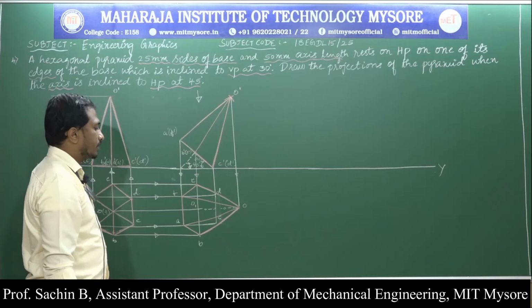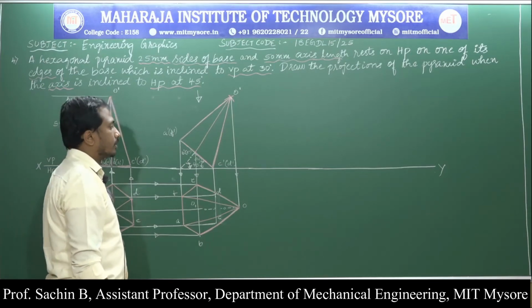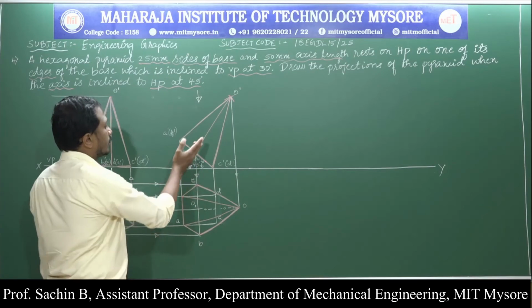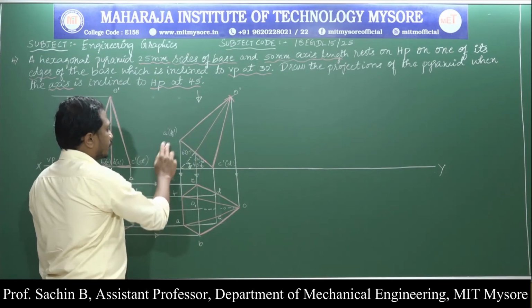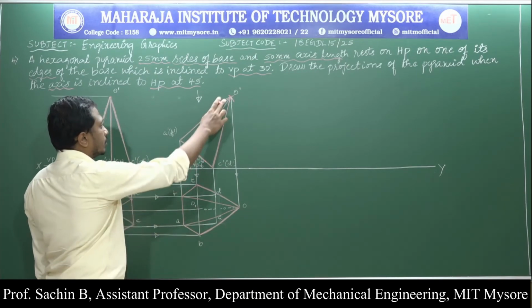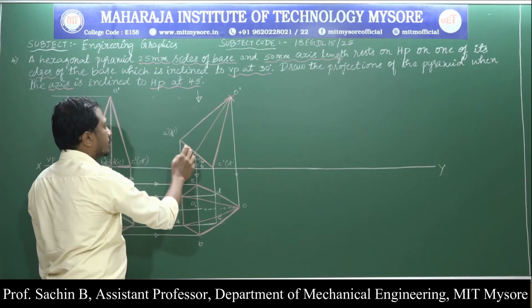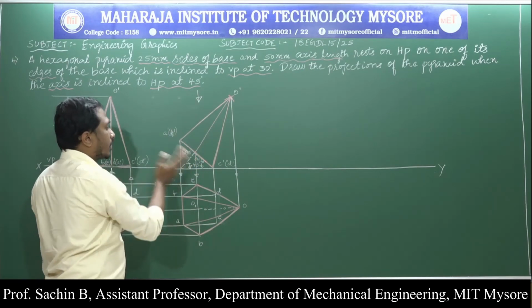Next I will go for the second concept, the last concept, that is, above the axis is visible. According to it, if I draw the projection lines, the visible lines above the axis, O dash to B dash, O dash to E dash, O dash to A dash, O dash to F dash, are above the axis.